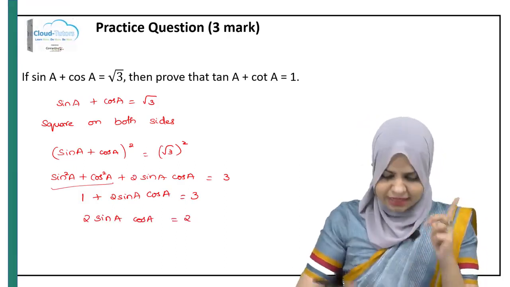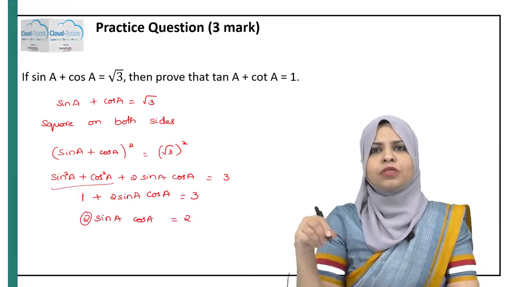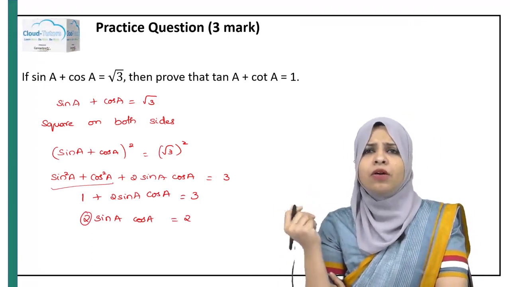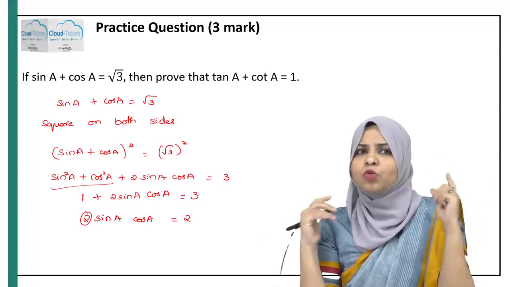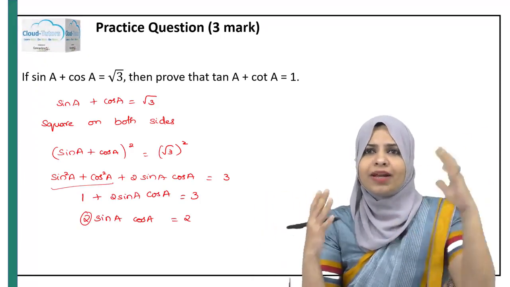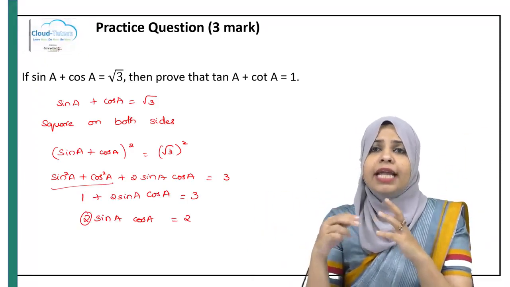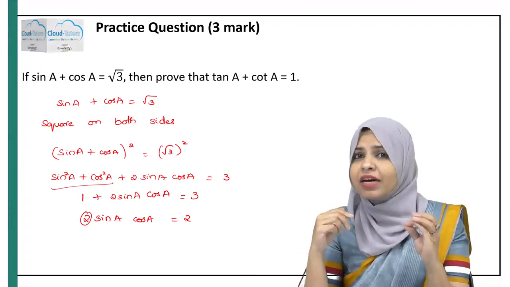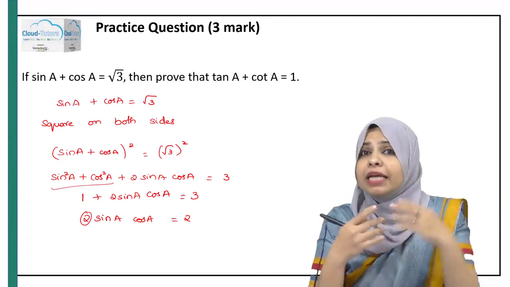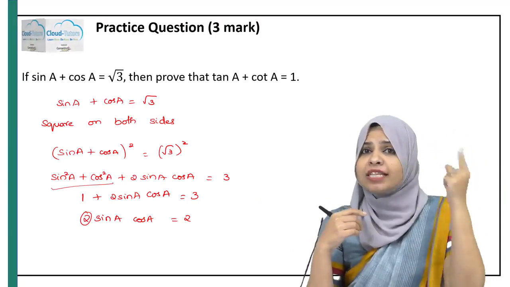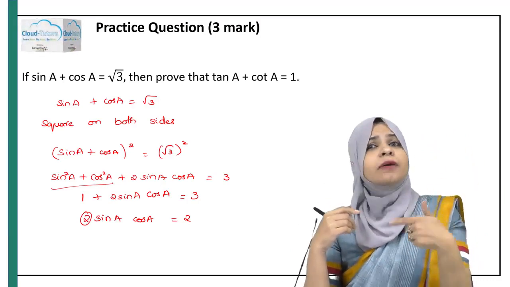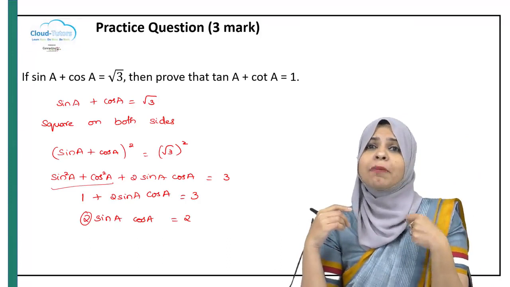Now this 2 also I will transpose. So what happens? Will it become 0 or should it become 1? See here it was 1 + 2 sin A cos A. So when I transposed 1 to the other side, it became minus 1. In the previous step, 1 was added, so when transposed, it becomes minus 1. But here 2 is being multiplied.